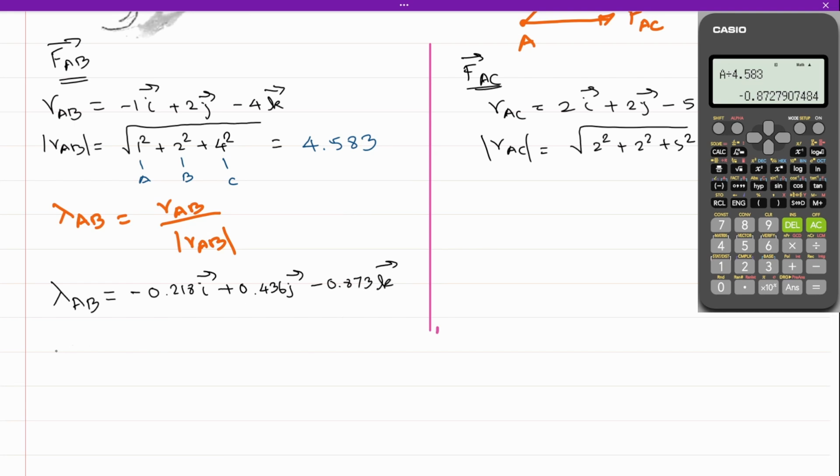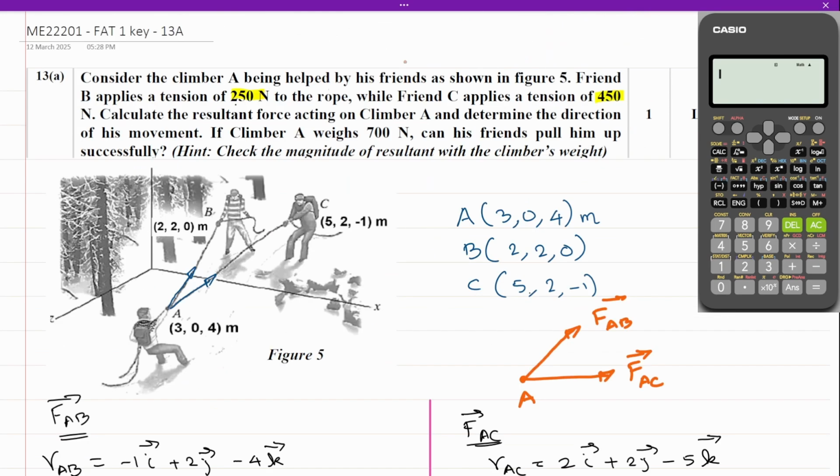Next I am going to identify force AB. Force AB is tension AB into lambda AB. According to the question, tension AB is given as 250 Newton.